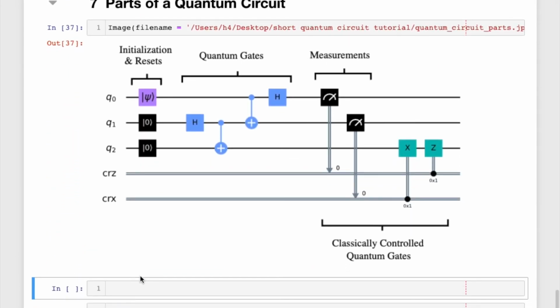I don't know if you can see the figure. So you start with your qubits, Q0, Q1, Q2. Then you create your initialization and reset.